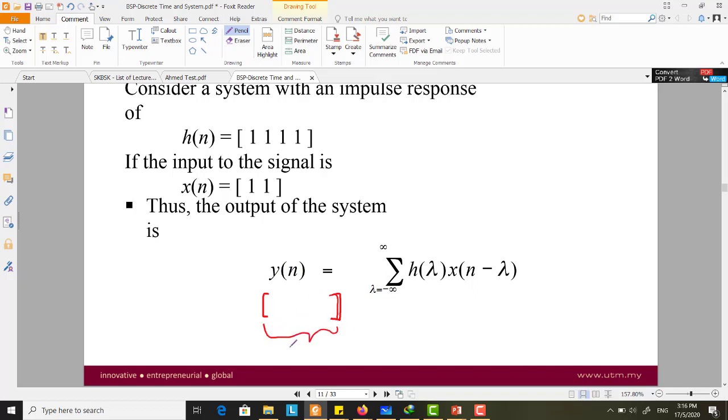If you relate it to your AI class, this is net, this is your filter w, and this is your x, your input signal.